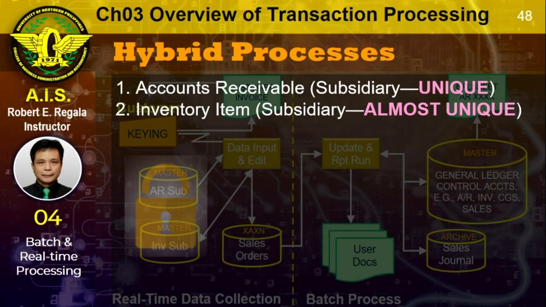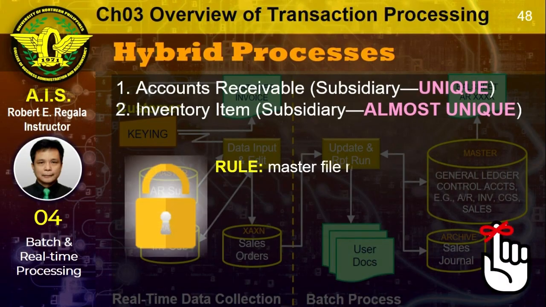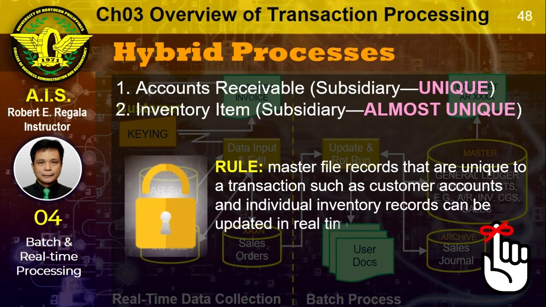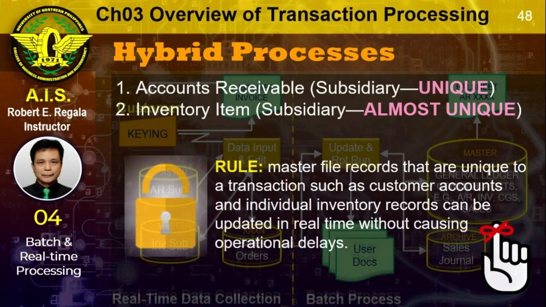This will be a relatively rare event, and any such conflicts will be of little inconvenience to customers. As a general rule, therefore, master file records that are unique or almost unique to a transaction, such as customer accounts and individual inventory records, can be updated in real time without causing operational delays.